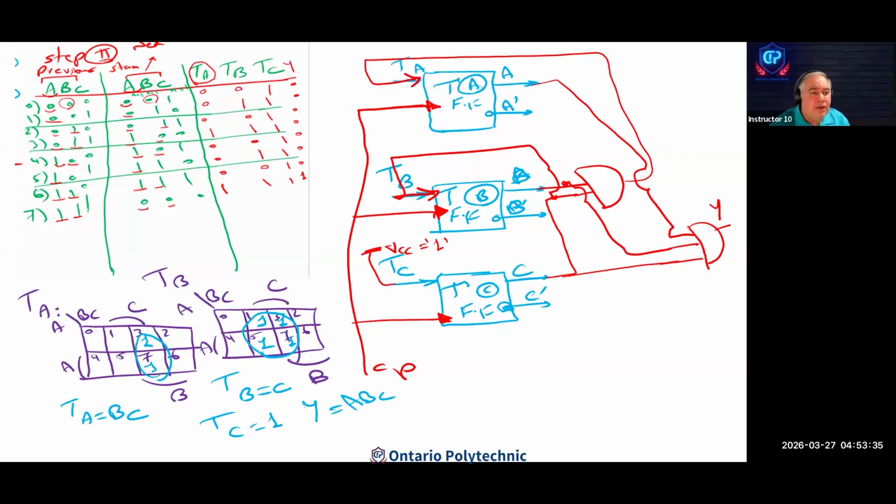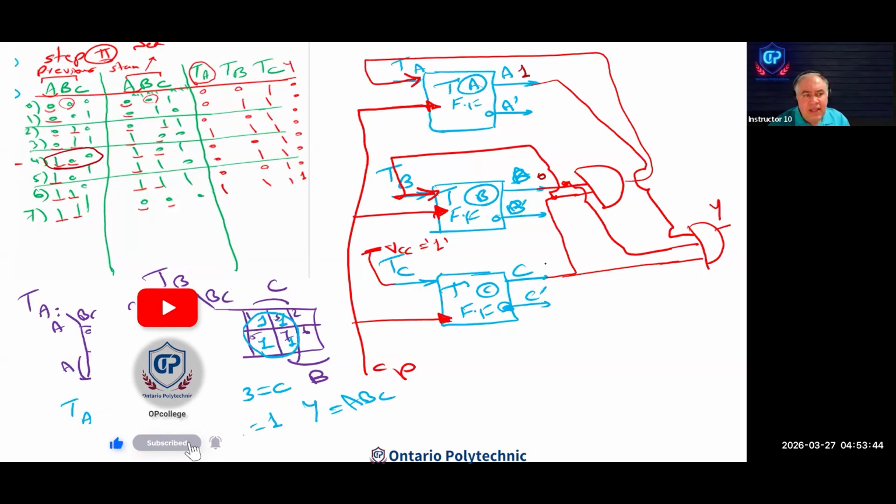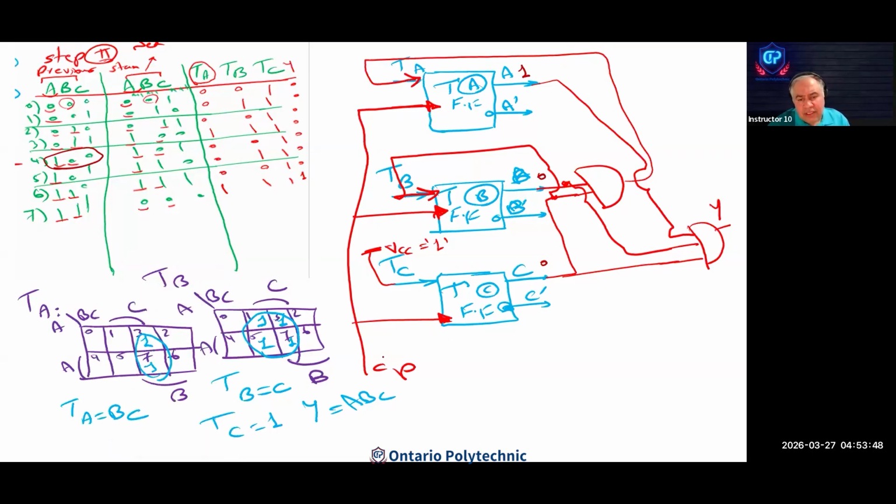For example, we have state number 4, which means A is 1, B is 0, C is 0. Check: the clock pulse is coming. It should go from 4 to 5. Did it happen or not? TA is connected from here, 0.